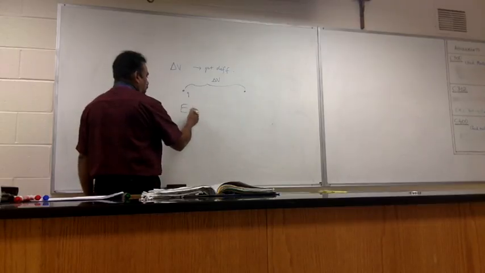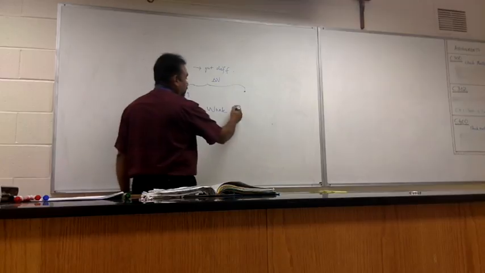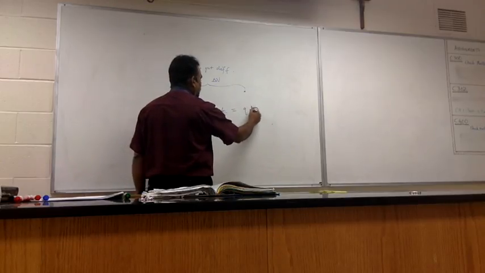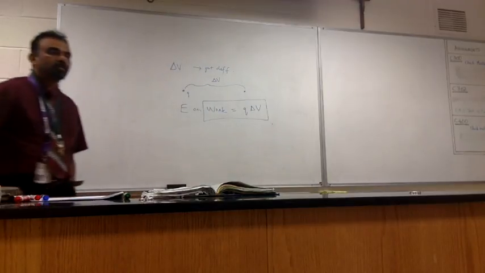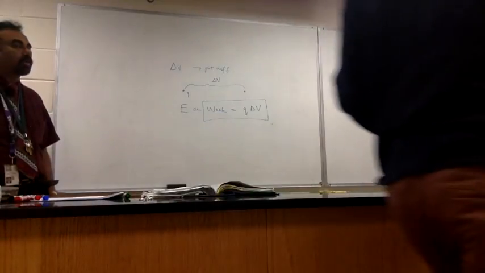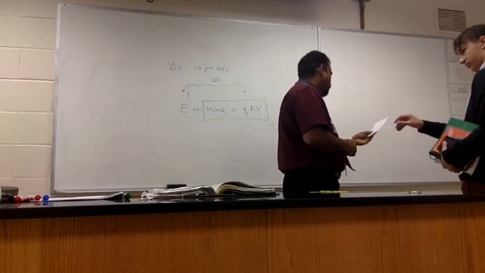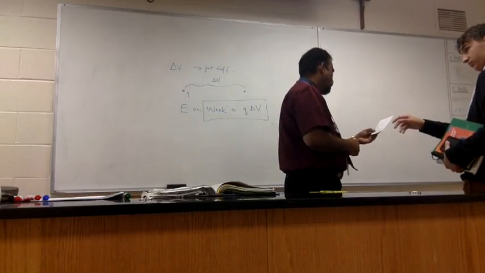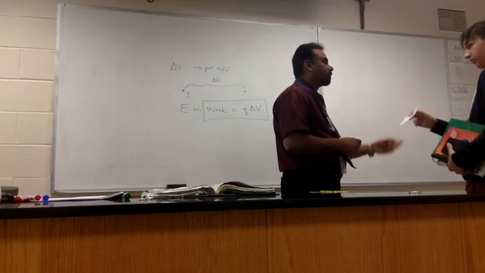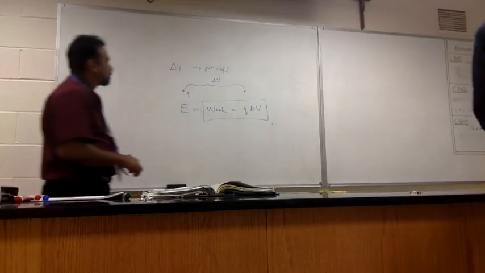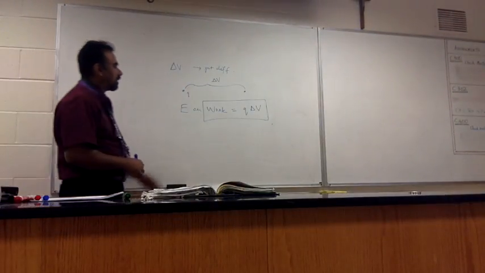So the energy or work done to transport is equal to Q delta V. So if you want to transport Q coulombs across, the work is Q delta V.